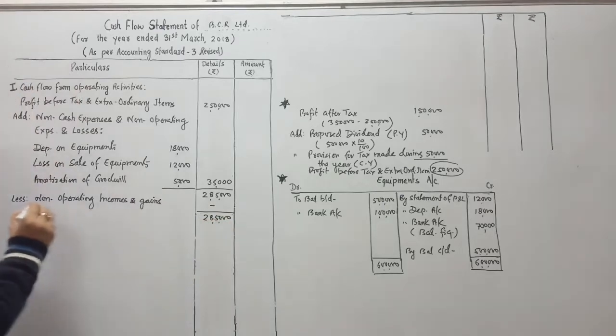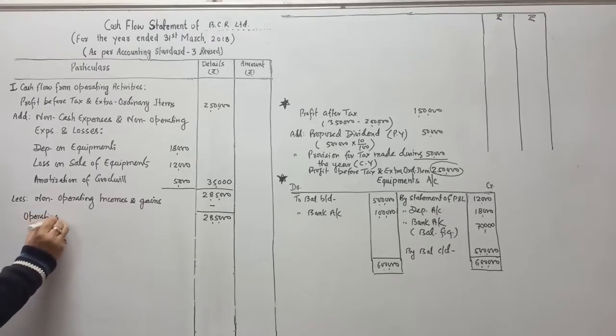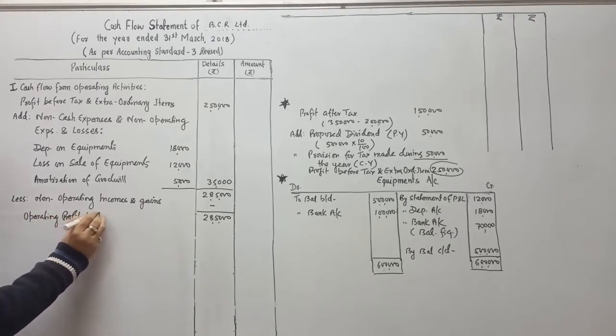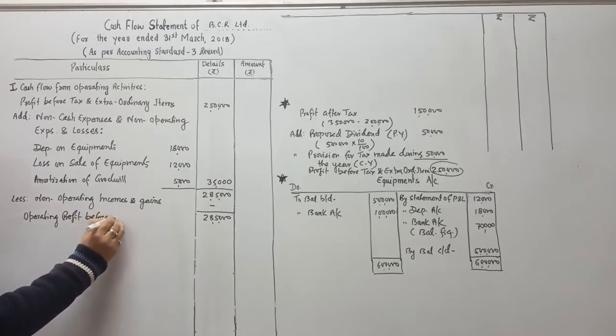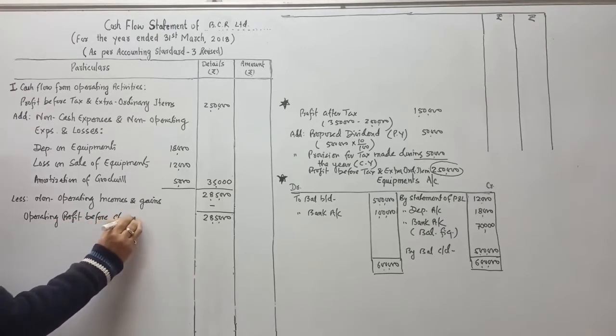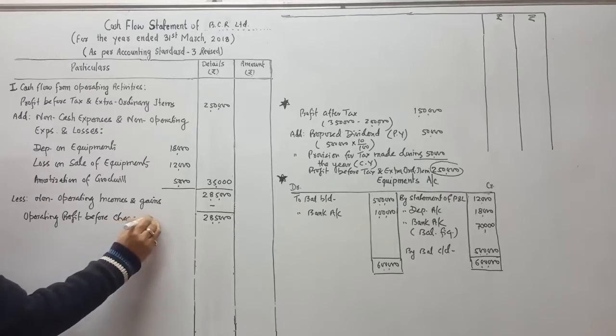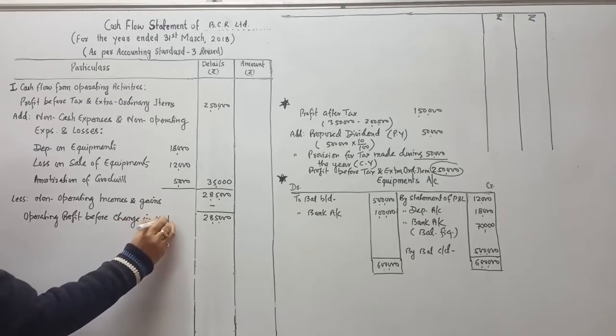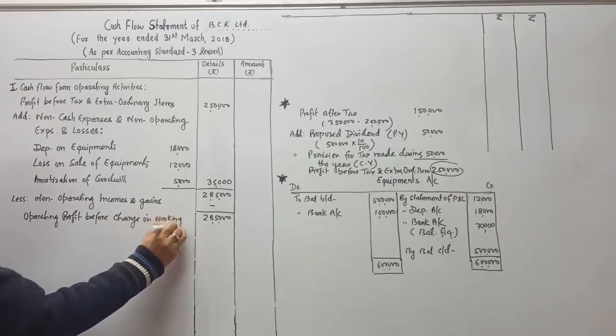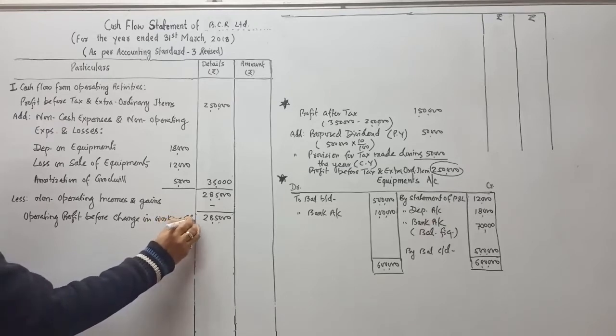This indicates the operating profit before change in working capital. Is it clear?